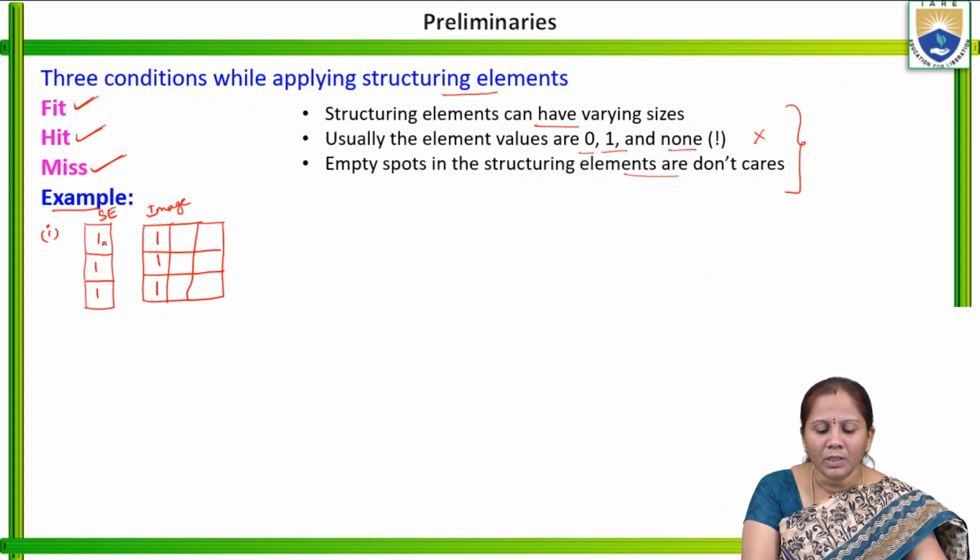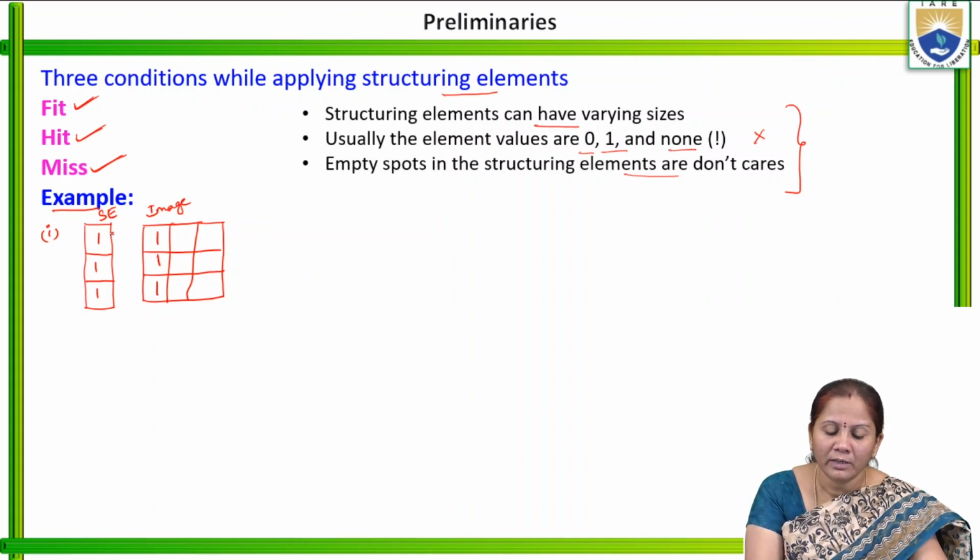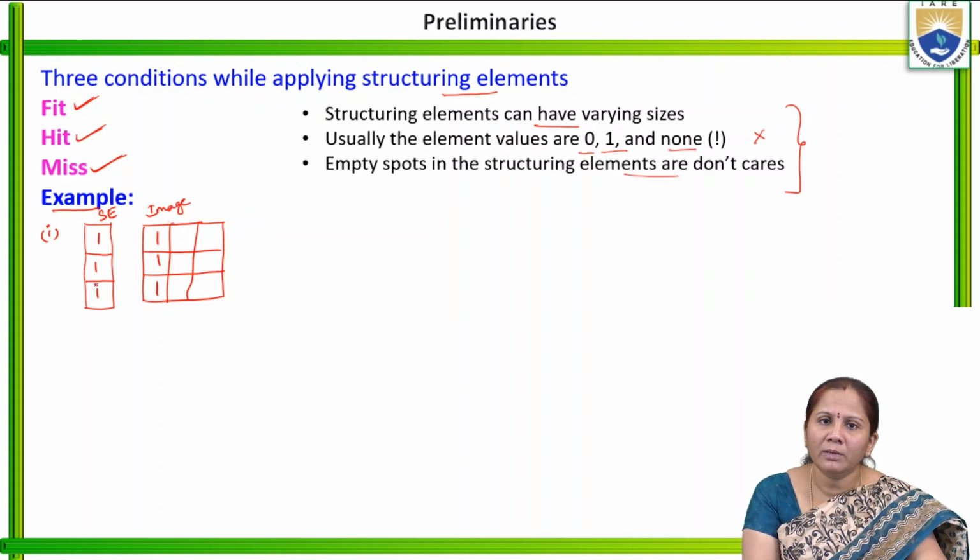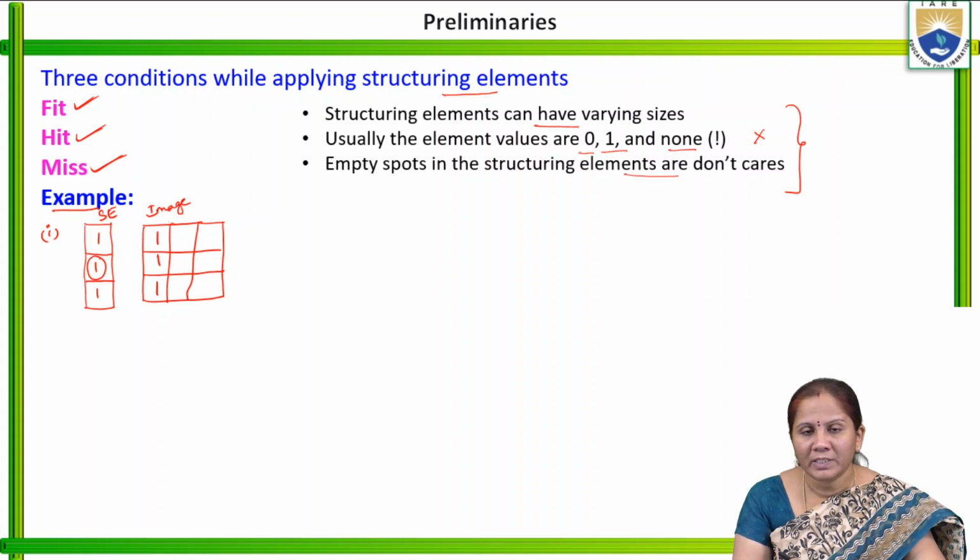We are going to place this structuring element on the image. In this structuring element, they did not indicate any origin, so we can consider the center pixel as the origin.